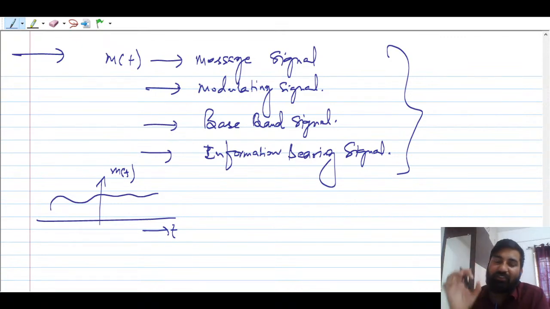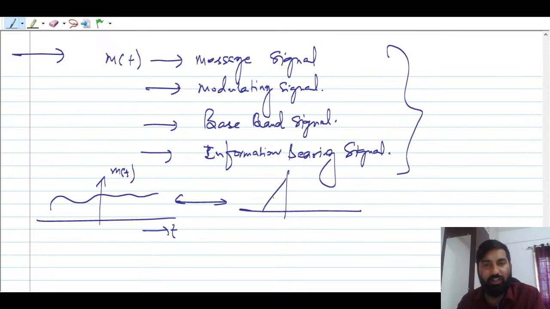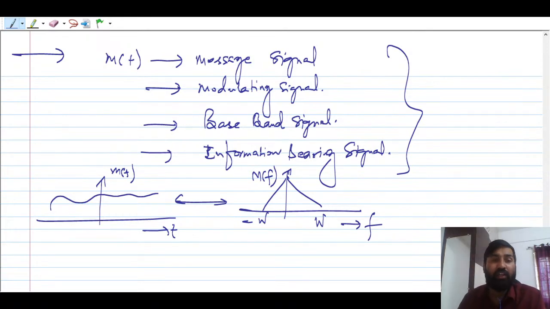Band limitation is very important. मैंने आपको बताया भी था, you cannot be simultaneously band limited as well as time limited. तो ये बेसिक चीजें आपको आनी चाहिए, थोड़ा फील करो, so that you can solve any question. So this is m(t), and I'm going to take its Fourier transform and limit it from minus W to W. This is f. So you can say this is nothing but M(f), the message signal in the frequency domain. This is the spectrum that I'm going to consider always.